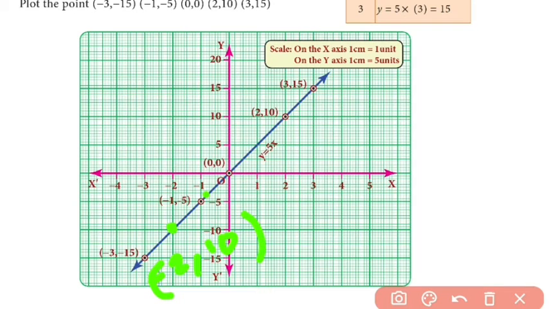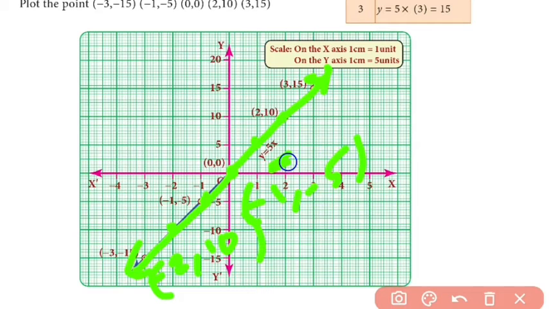Next minus 1 comma minus 5, 0 comma 0, 1 comma 5, 2 comma 10. Using a scale, join those points. This line is called y equal to 5x.